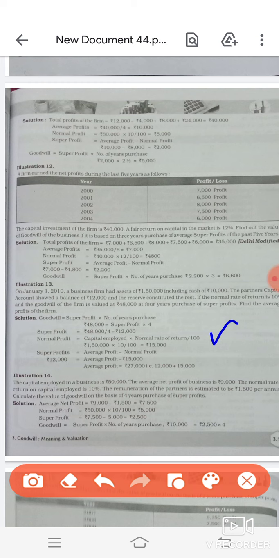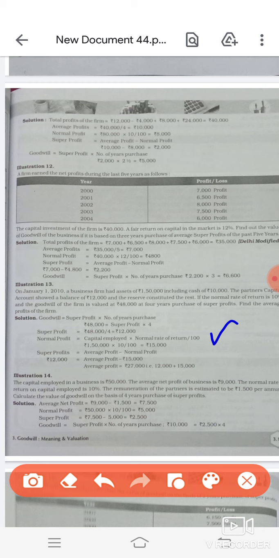What is the formula? Capital employed into normal rate of return divided by 100. So capital employed in the sum is, what is the amount? 1,50,000. So in the sum, the asset is given, asset including the cash.